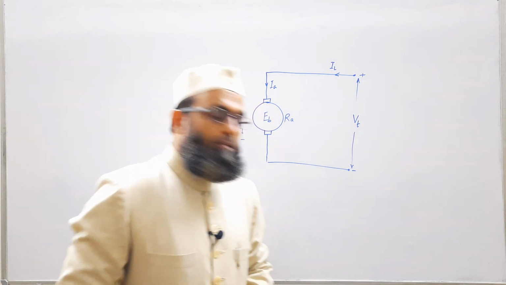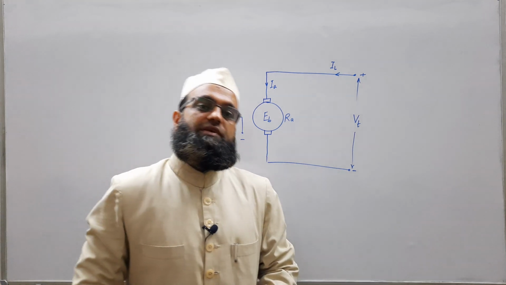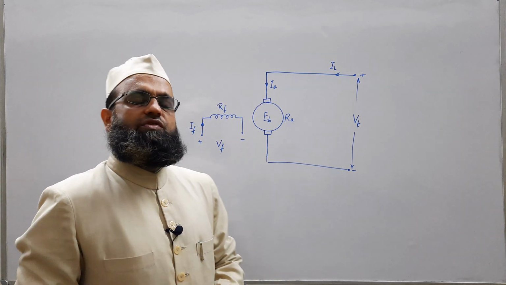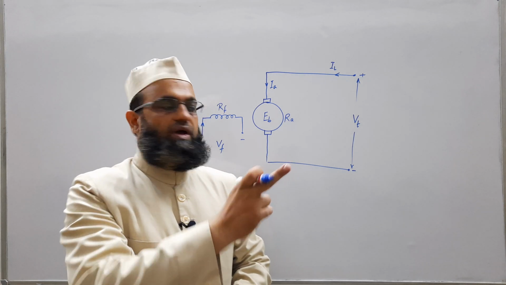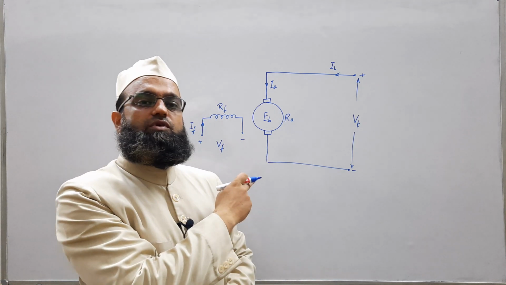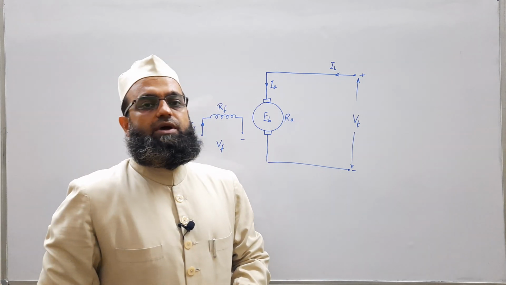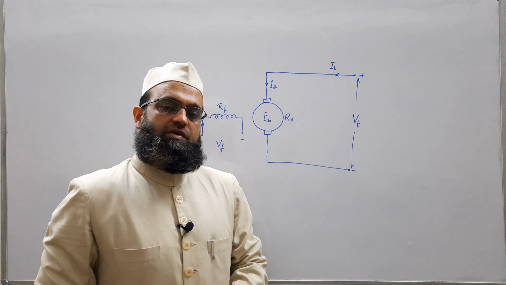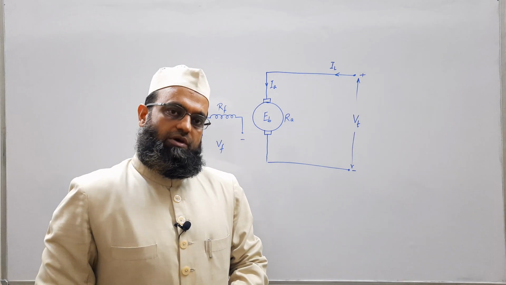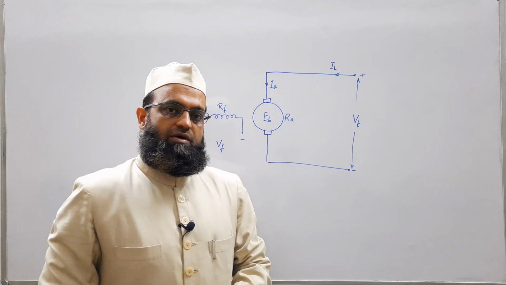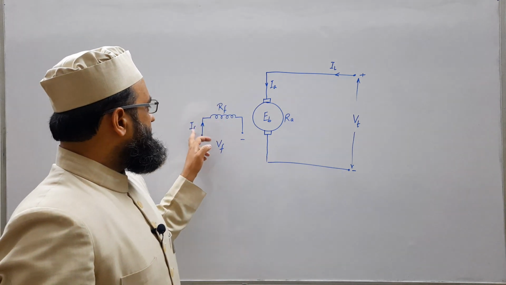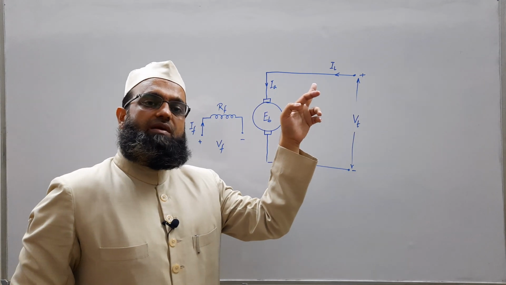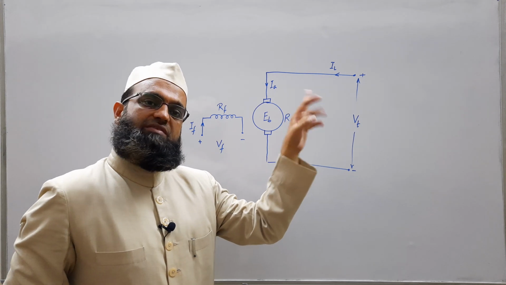That is, the field current in DC shunt motor remains constant.